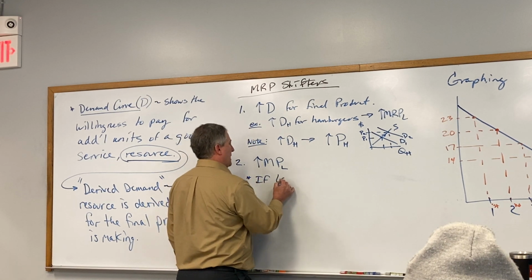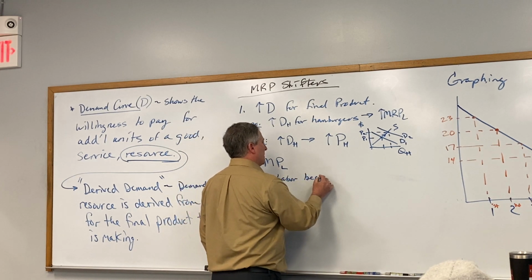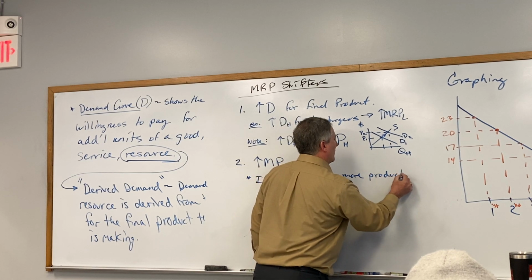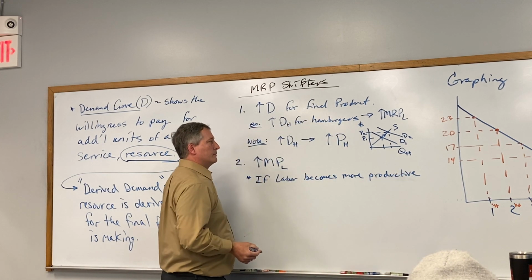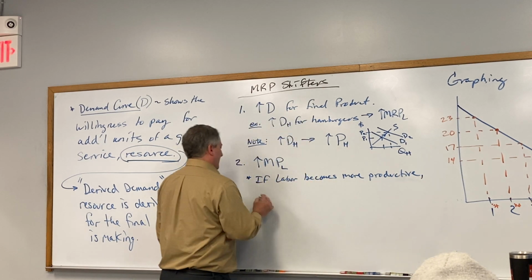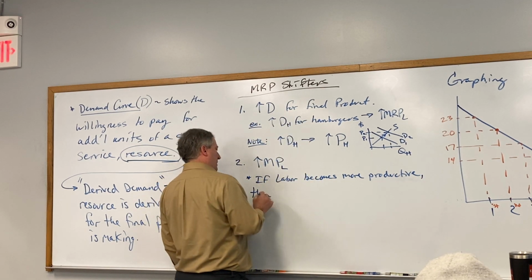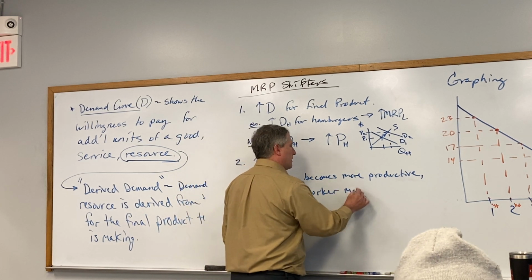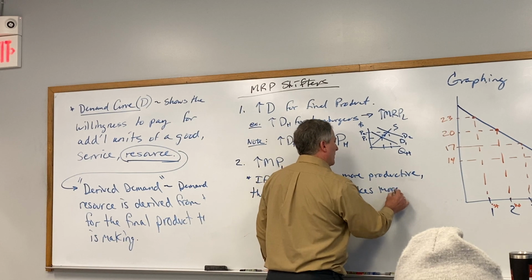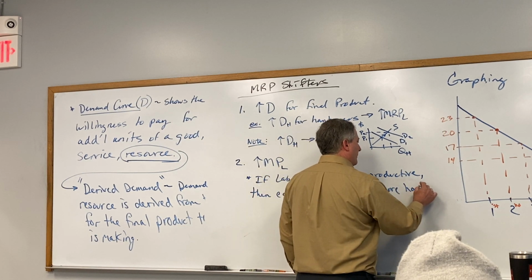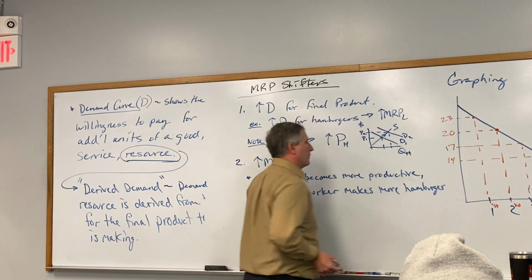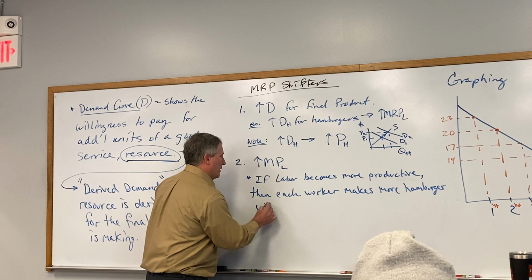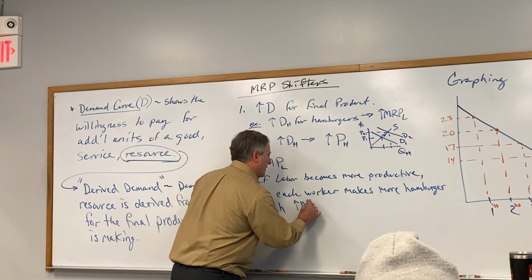If labor becomes more productive, then each worker makes more hamburgers, which increases their revenue product.